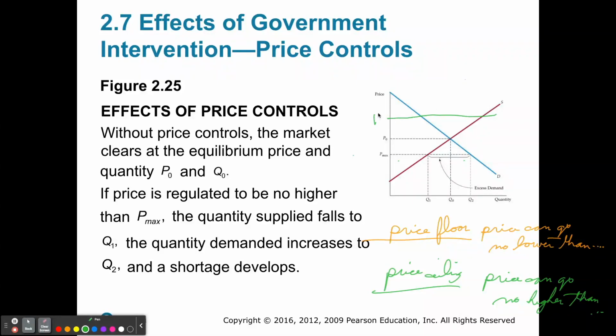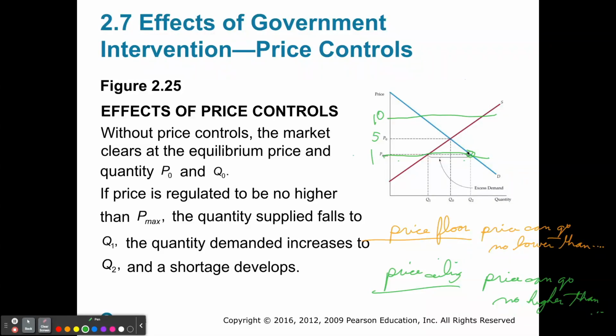Because I could say the price can go no higher than $10 for gasoline. And again, Costco would be fine, because they'd be like, we're charging $5, so we're totally within the law. Do what you want. Where the price ceiling would become meaningful is if I said $1: the price can go no higher than $1.